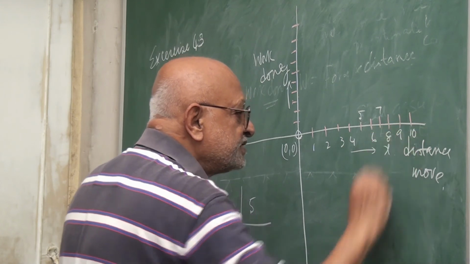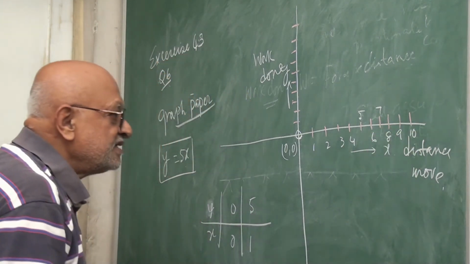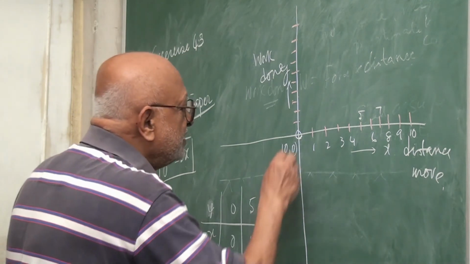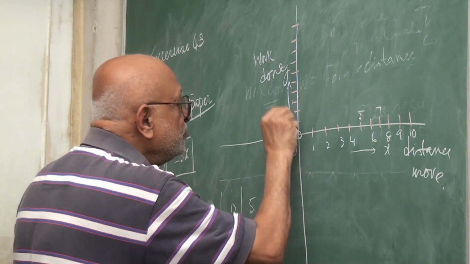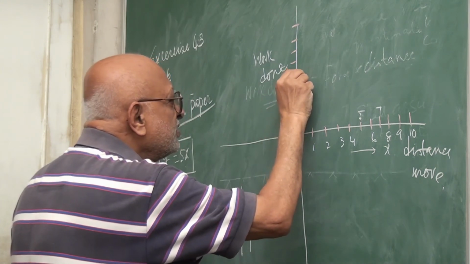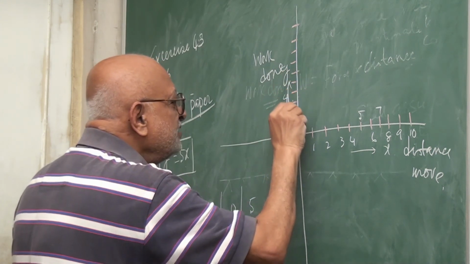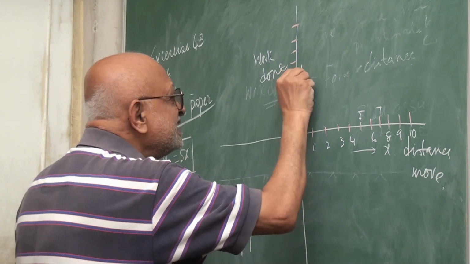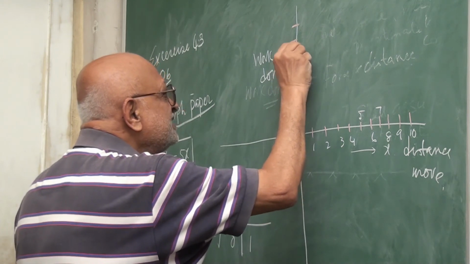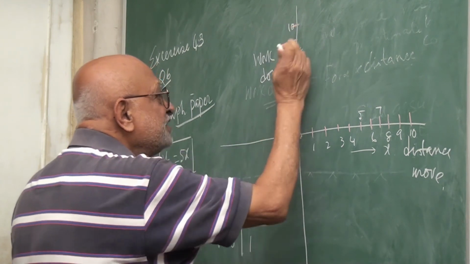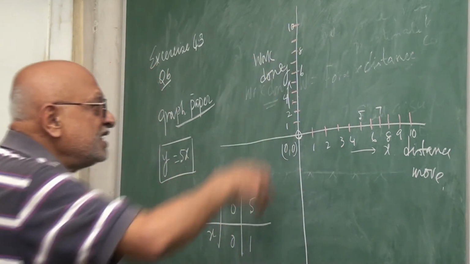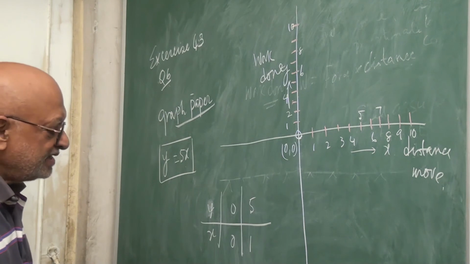I have enough space so I don't have to go through 9, 10. Here also let us say 1, 2, 3, 4, 5, 6, 7, 8, 9, 10. It's better to put it on this side, but just for clarity, I have done it like this.